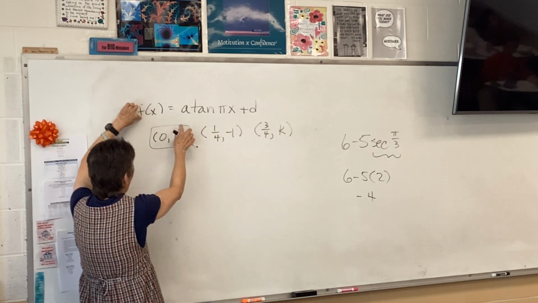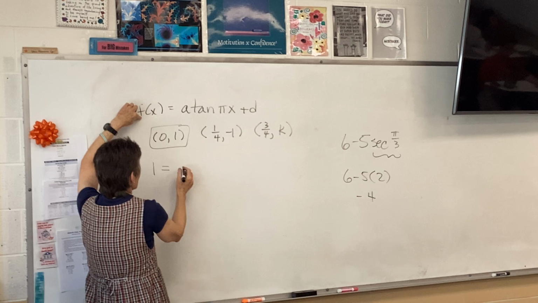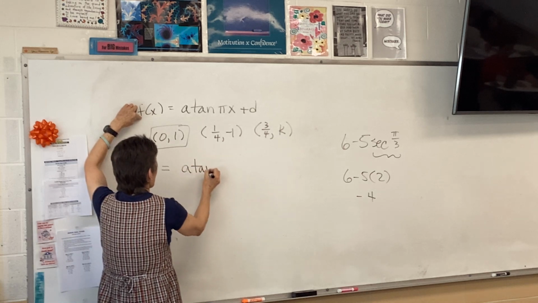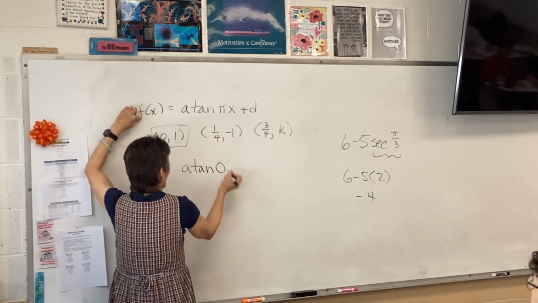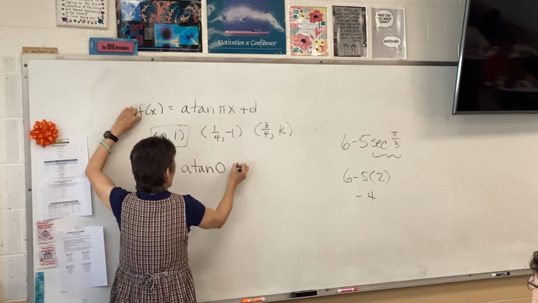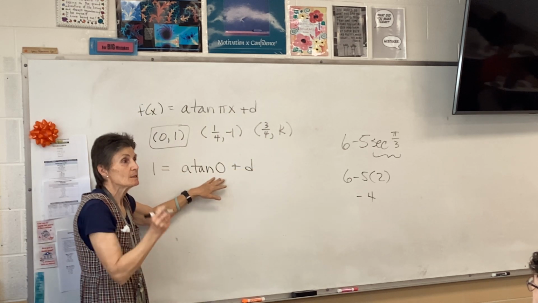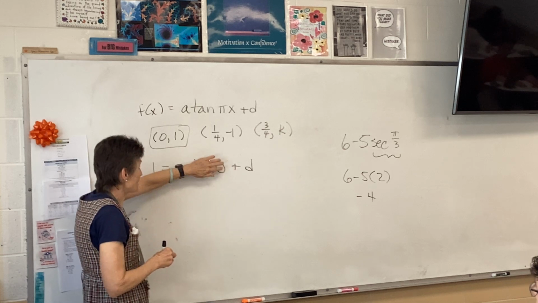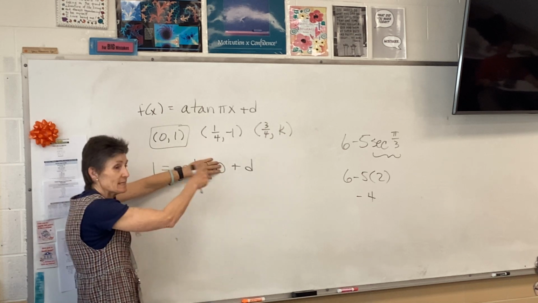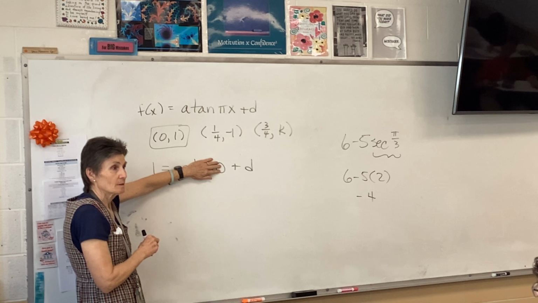So this is y. So 1 equals a tan 0, put 0 in here, plus d. Well, what is the tangent of 0? 0. So d is 1.